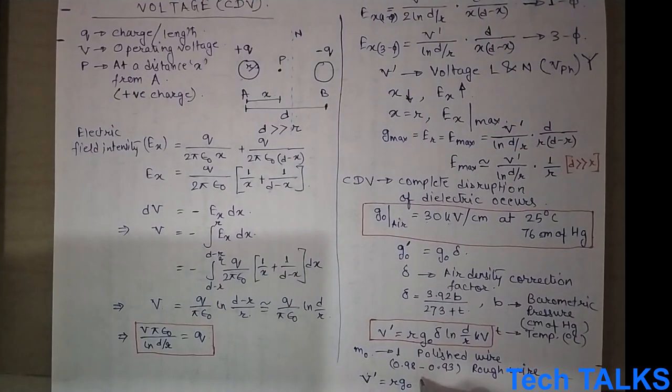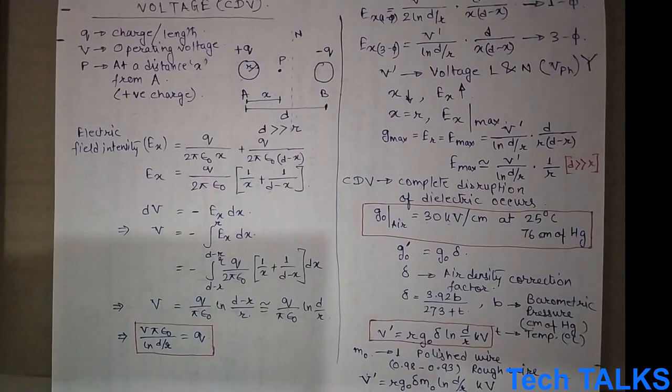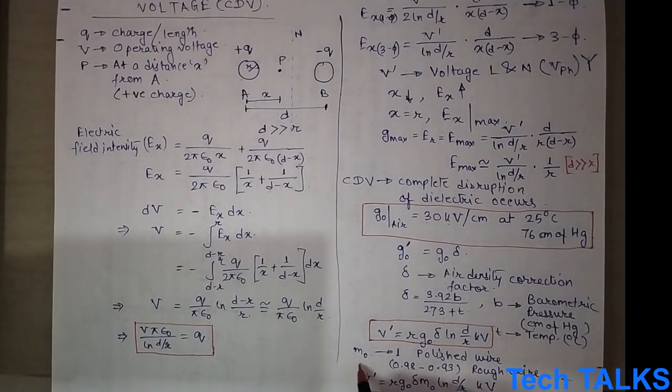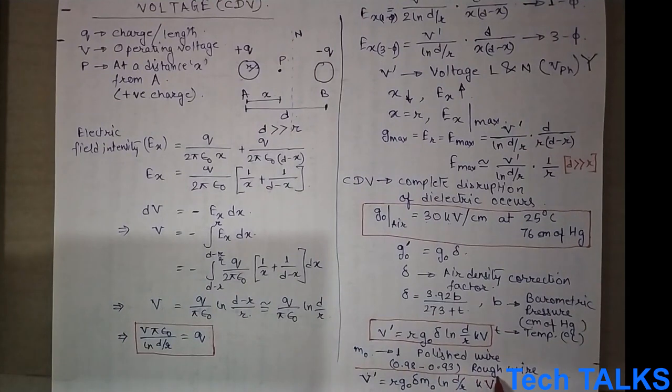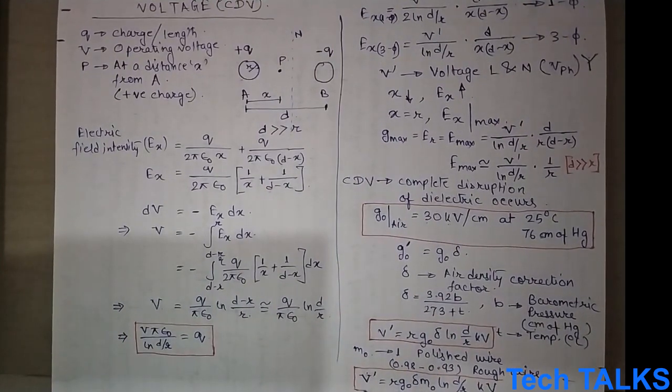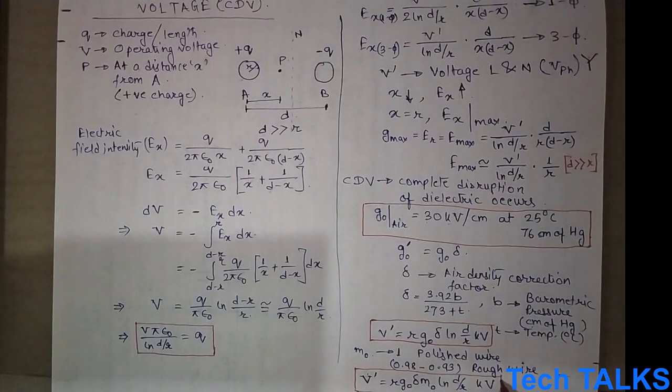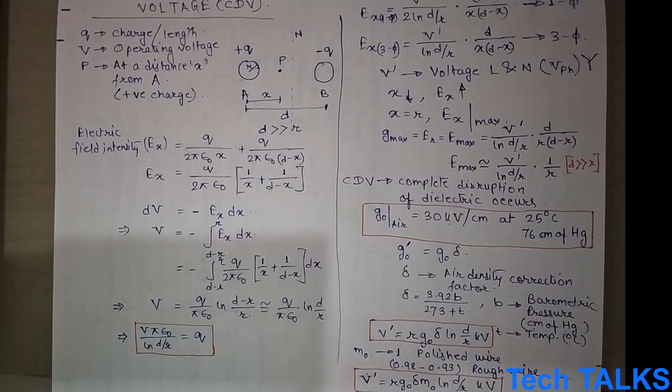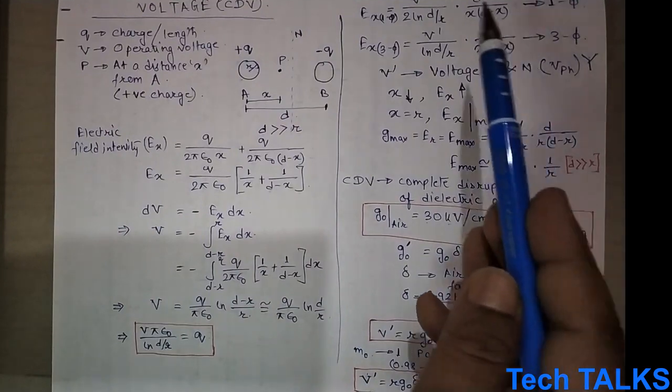Okay, so in this session we have talked of critical disruptive voltage, and we have seen what factors affect it. This is the formula for critical disruptive voltage for single phase and three phase. We have also added what the maximum value of the gradient will be. The gradient will be maximum when x is equal to r.